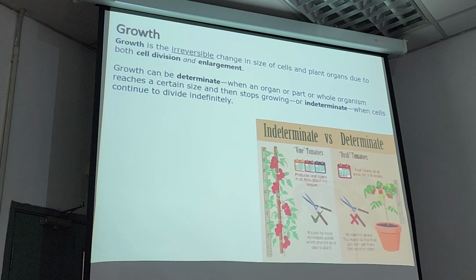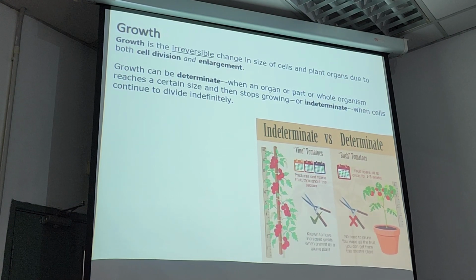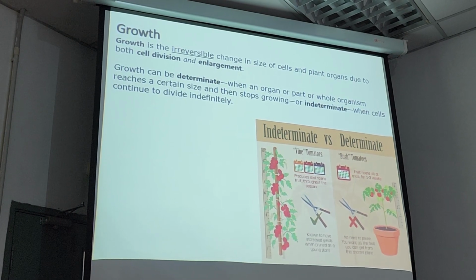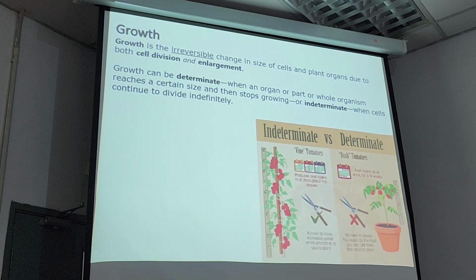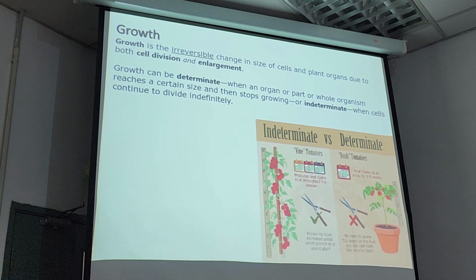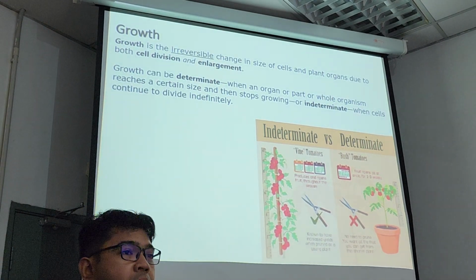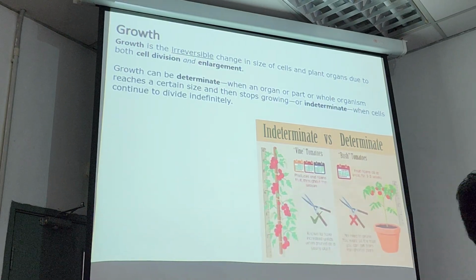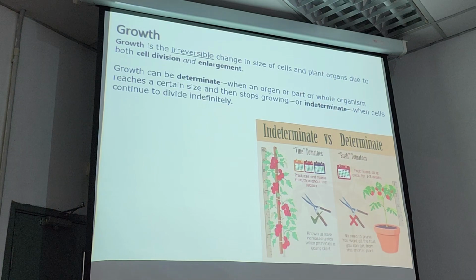It is actually the irreversible change in size of the cells and plant organs due to 2 processes: cell division, cell enlargement. Cell division is, of course, mitosis. Cell enlargement is simply your cell elongate.